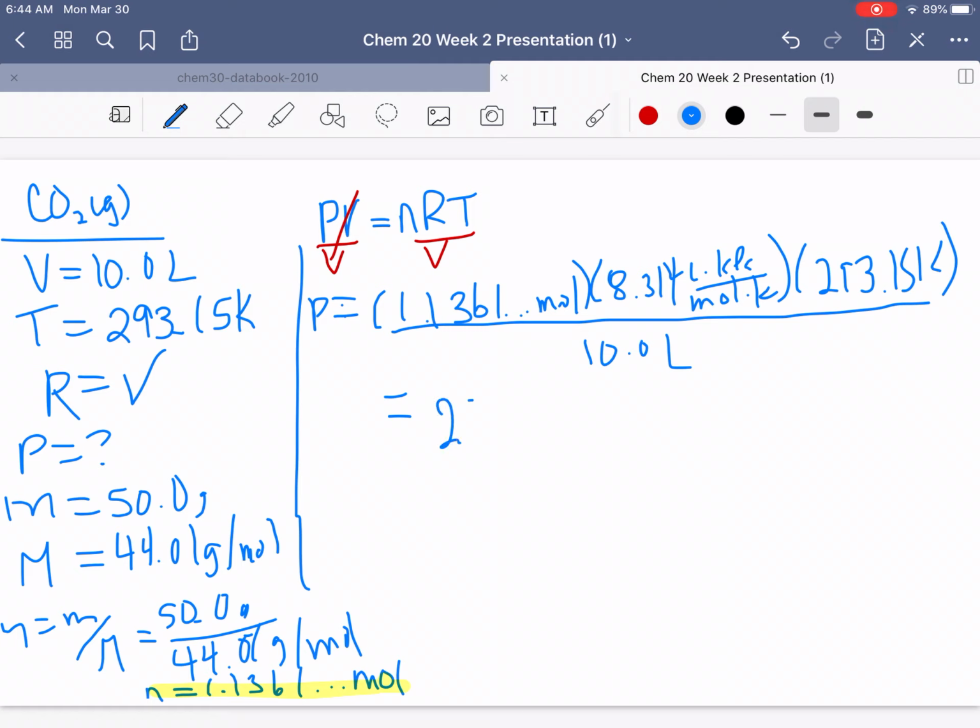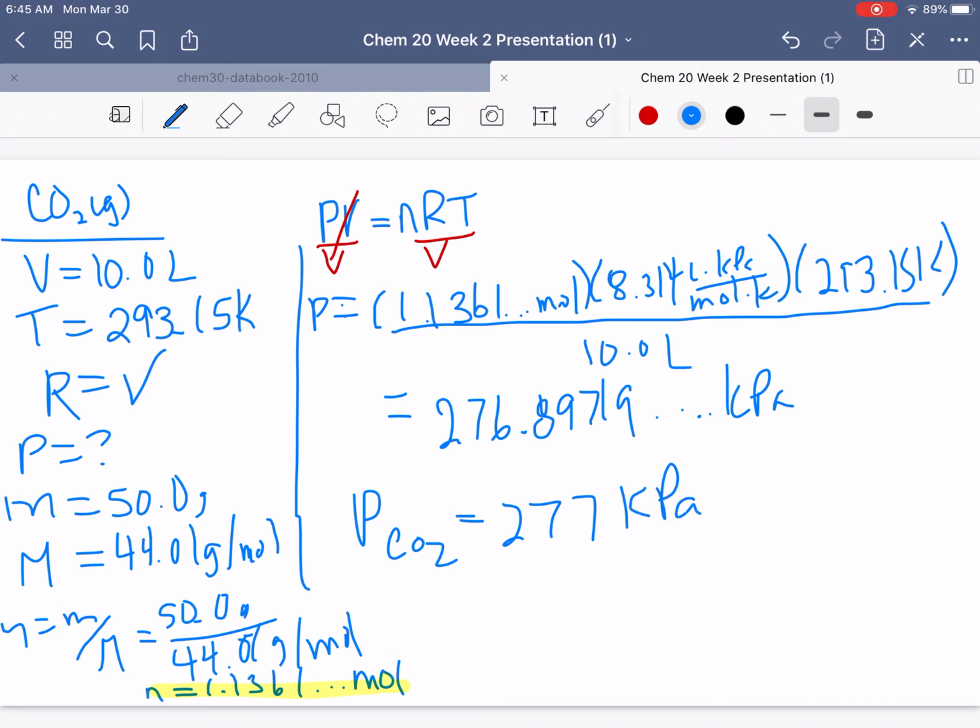The unrounded value, 276.89719... kilopascals. But the partial pressure of CO2, which is part of the question that it's asking for, is that rounded value, 277 kilopascals.